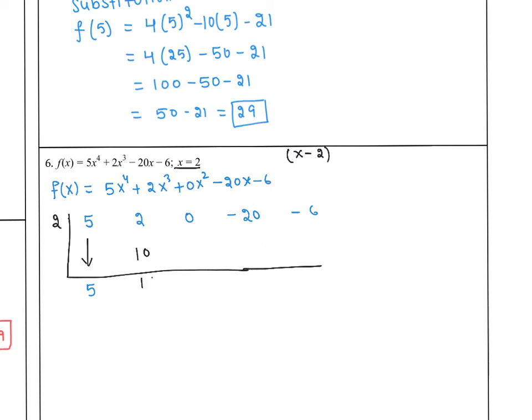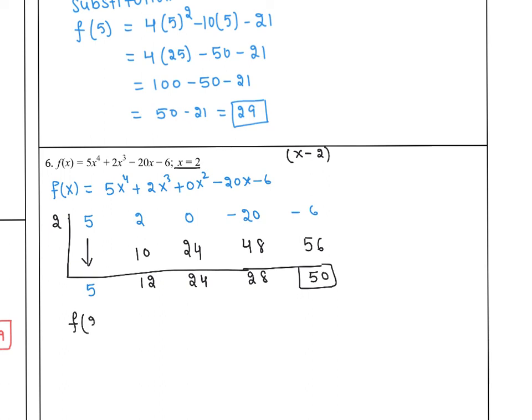Add them. You're going to get 12. 12 times 2 would be 24. And 24 down here. 24 times 2 would be 48, and that's going to be 28 when you add. 28 times 2 would be 56, and when you add them, you're going to get the remainder as 50.